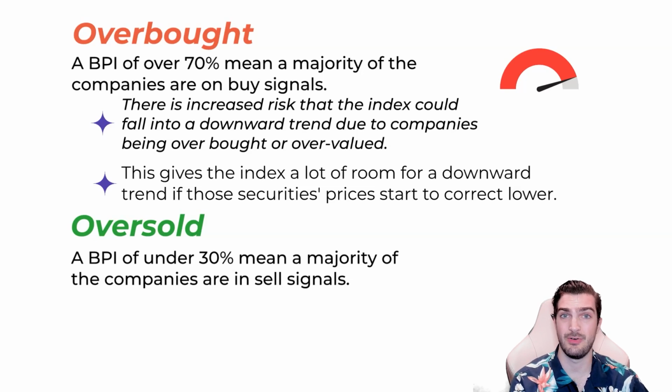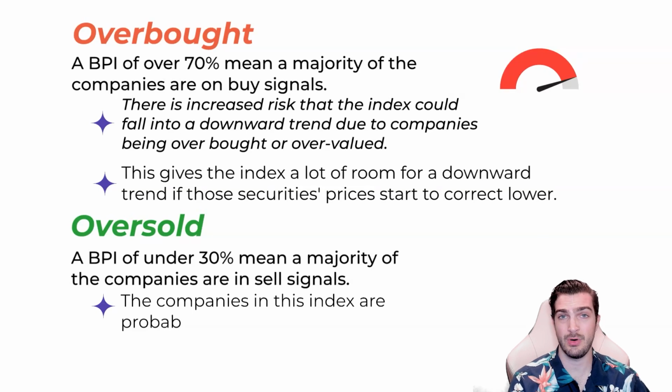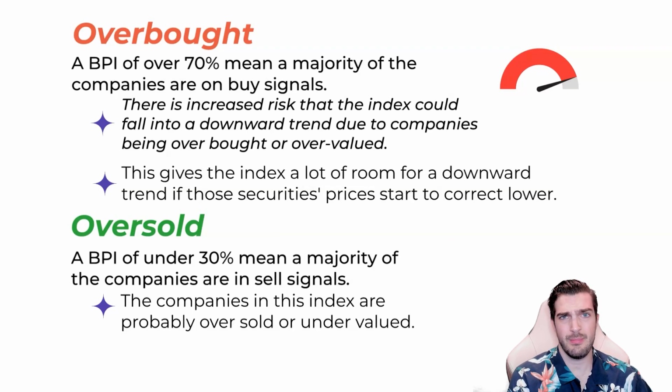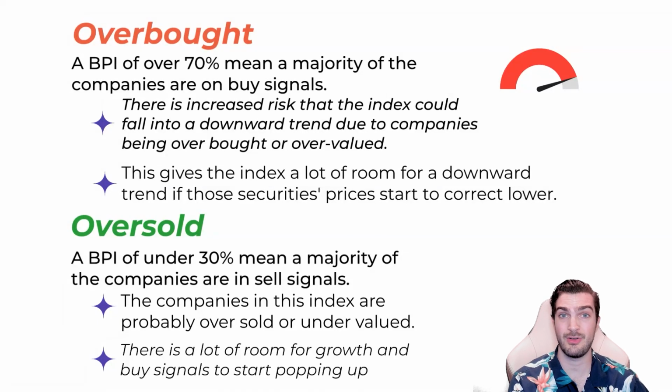This gives us a higher likelihood that individual companies might be oversold or are currently undervalued compared to what they might actually be worth, and gives us a lot of room for growth in both value but also in point and figure buy signals, which we can use as technical indicators to be able to find entry points for securities, and we have lots of room to grow as companies begin to improve and prices begin to correct upward.